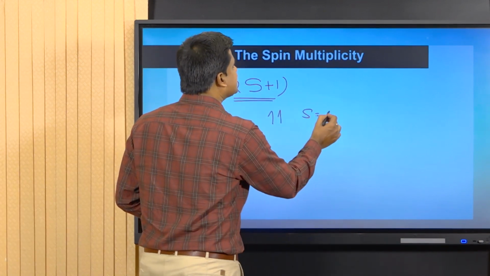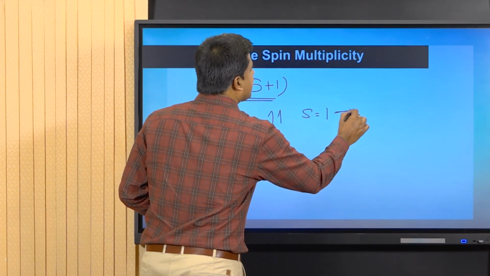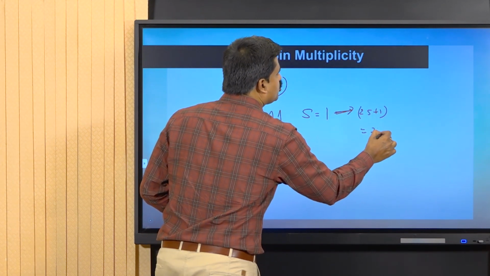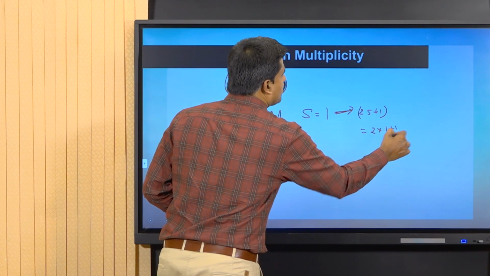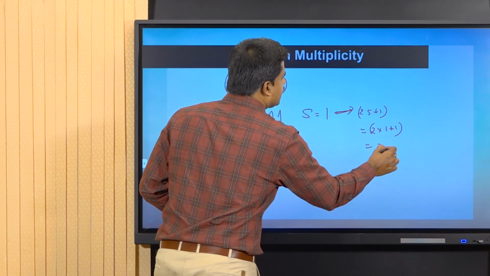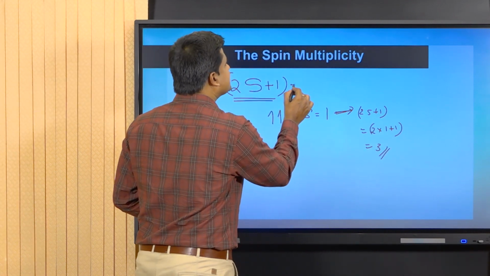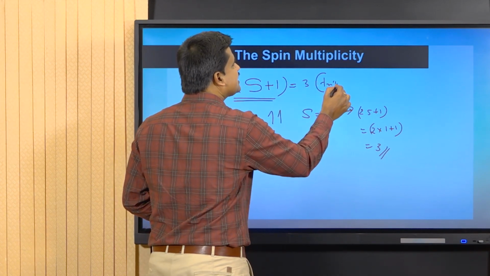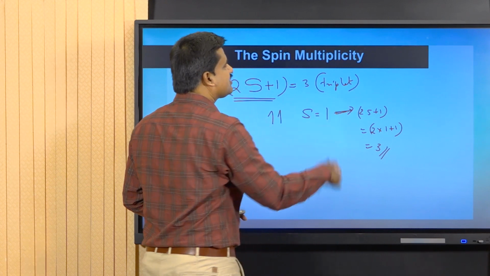Then the value of S is equal to 1, which implies 2S plus 1 is equal to 2 into 1 plus 1, that is equal to 3. If 2S plus 1 is equal to 3, you can call that state a triplet state.